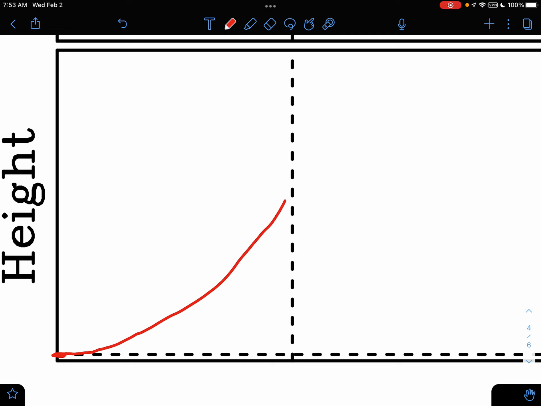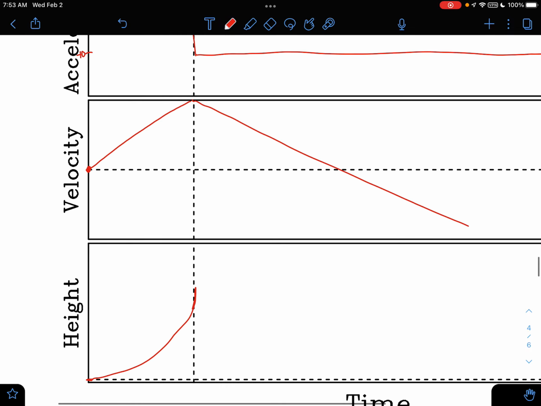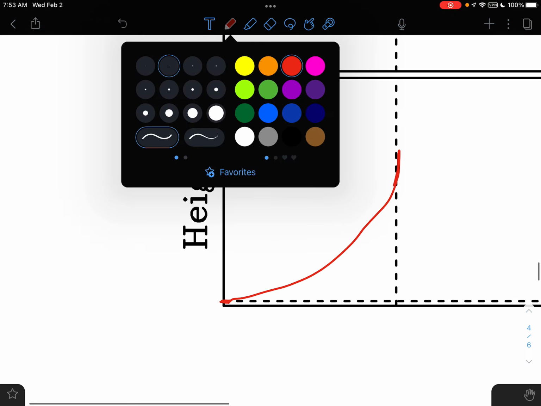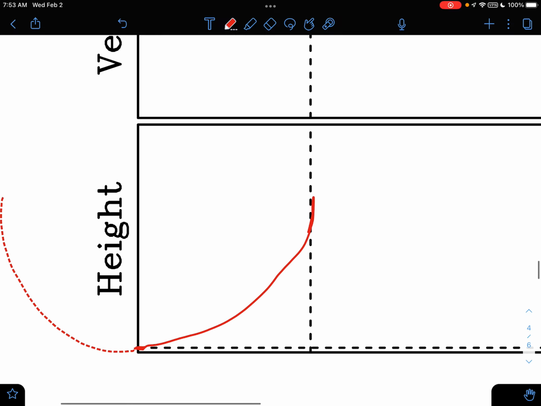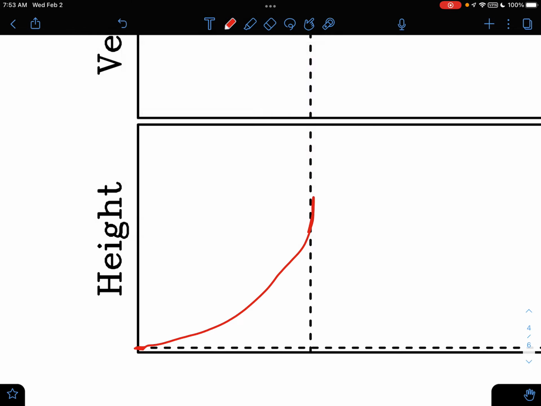I can't draw the graph today, but that's the general gist of it. It's going to look kind of like a parabola, as if the other half of the parabola was over here. There's our parabola shape. Looks really gross when I draw it right now, but trust me, that's what it is.